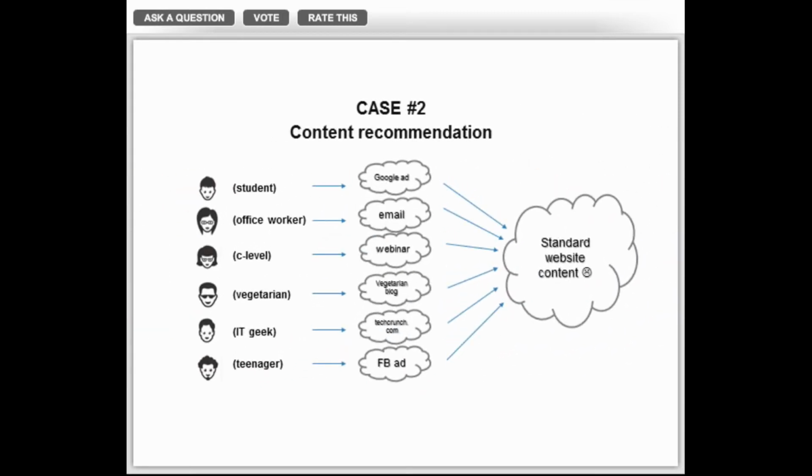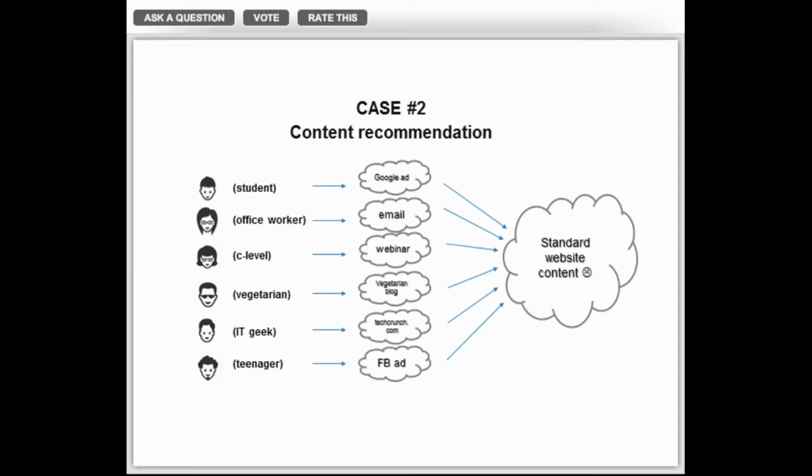The next slide. Content recommendation. What does it mean? Think about how you get those people on your websites. What do you do to acquire them? You do really targeted advertisements.